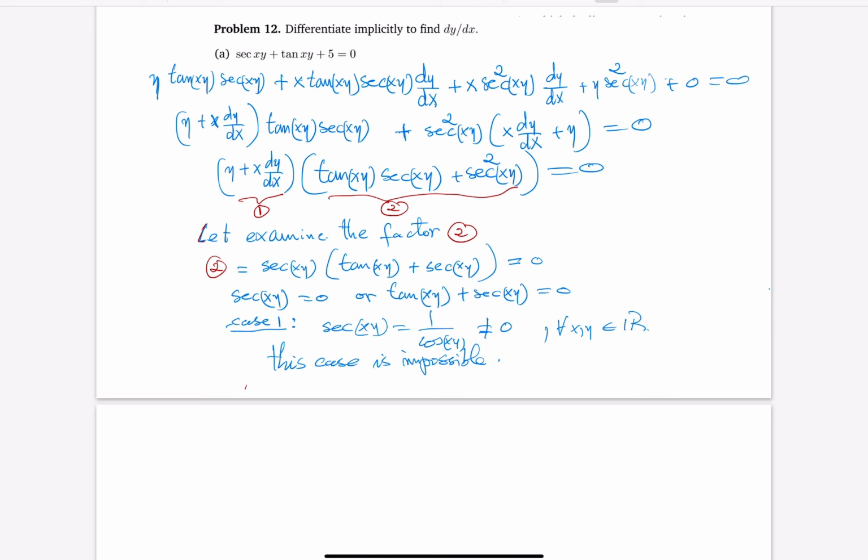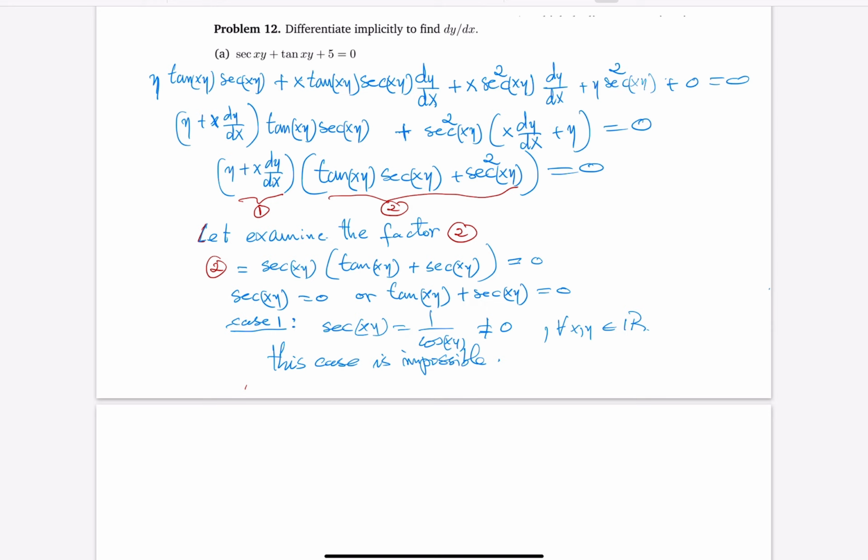If the secant of xy is non-zero, of course it's non-zero, this one is impossible because this one has to be equal to 0. Because either this one or this one. If this one is non-zero, then this one has to be equal to 0. And then we don't have any information about this one, okay?